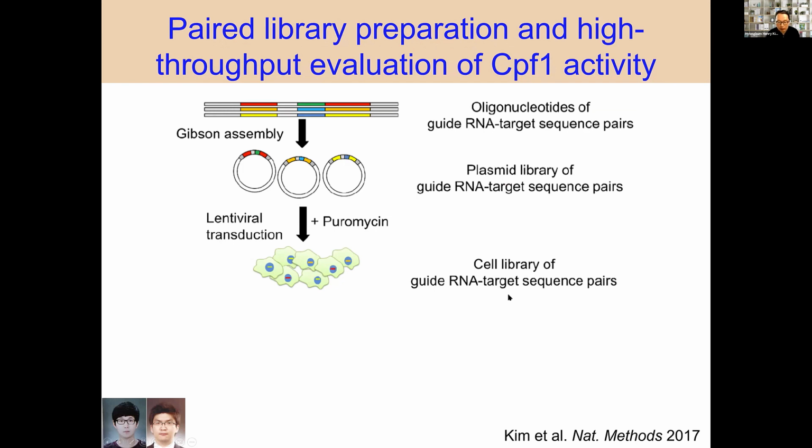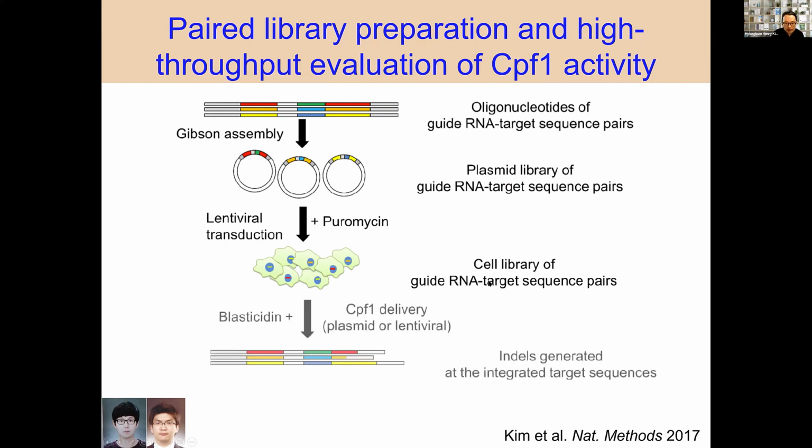But nothing will happen to this target sequence until we introduce CPF1 or Cas9 or base editors or prime editors. And depending on this CRISPR nuclease genome editing tool's activities, editing will be introduced into this target sequence. In case of CPF1 or Cas9, indels will be introduced in the target sequence.